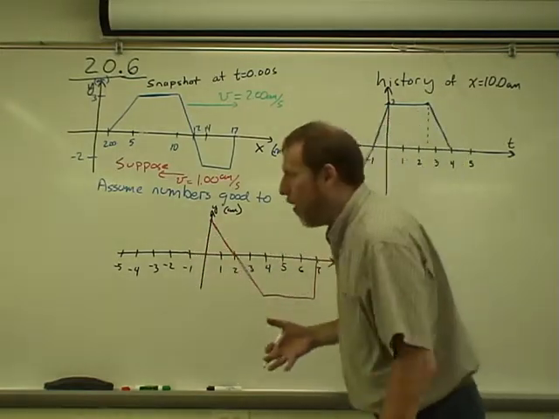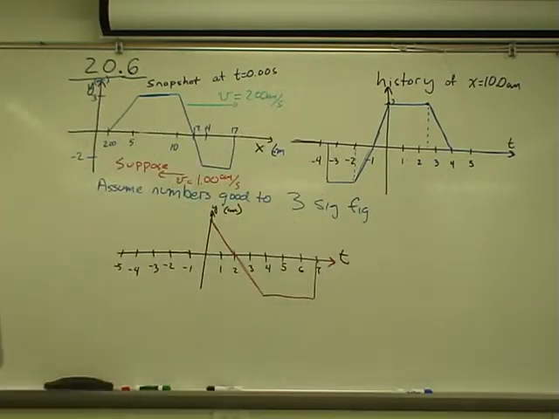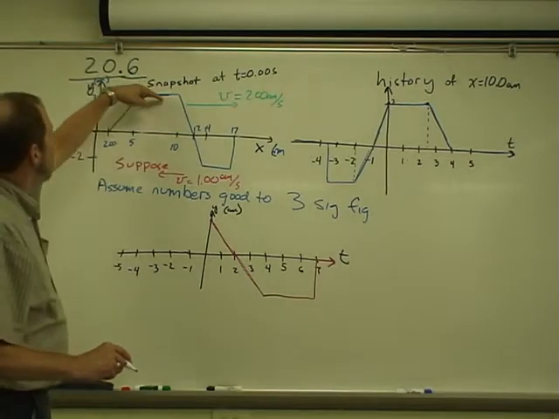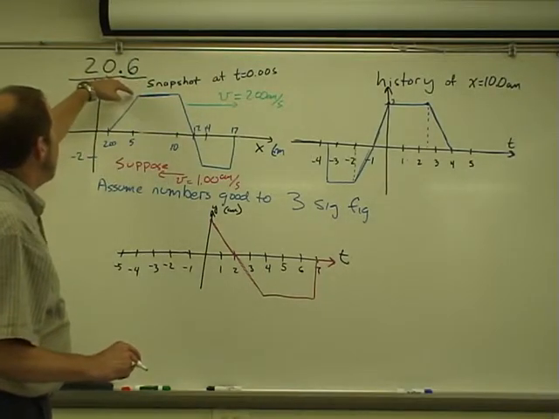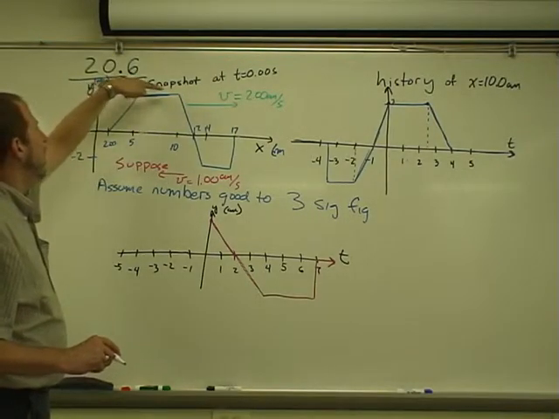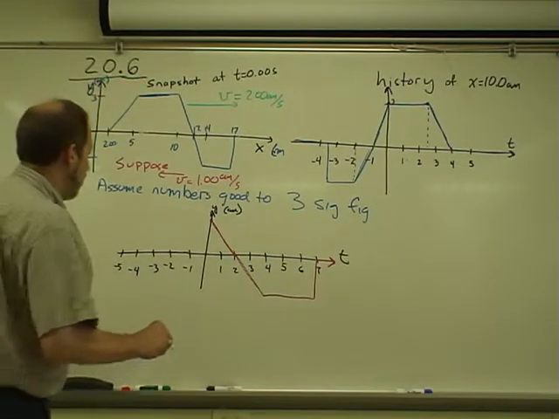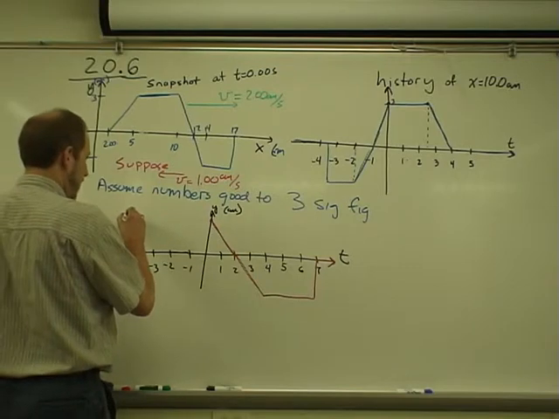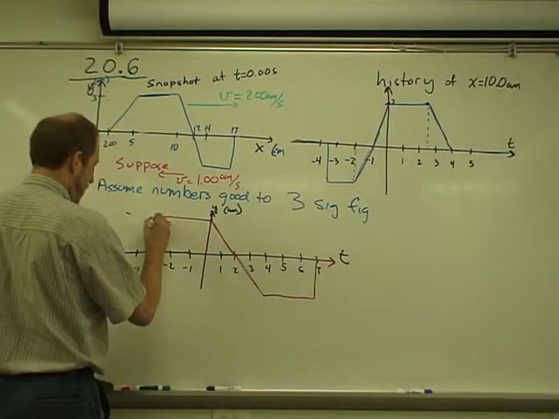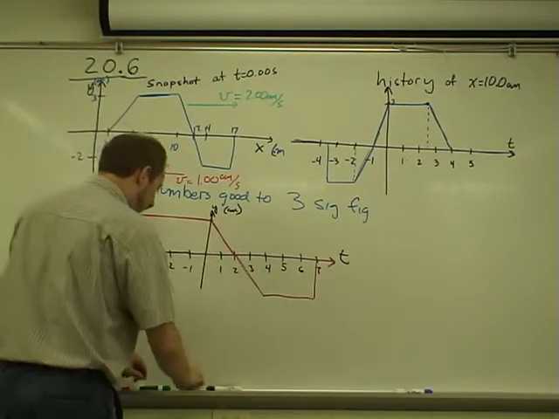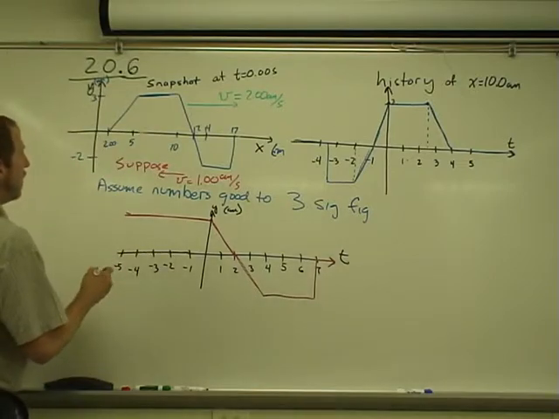What happened before I took my snapshot? Before I took my snapshot, it was sitting up at this level. The length of this wave is 5 centimeters, so at 1 centimeter per second, that's 5 seconds of sitting up there.